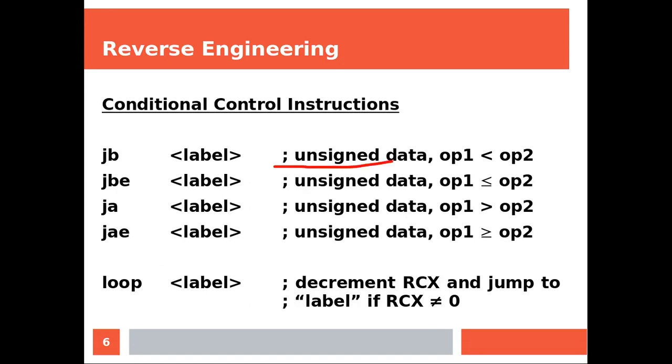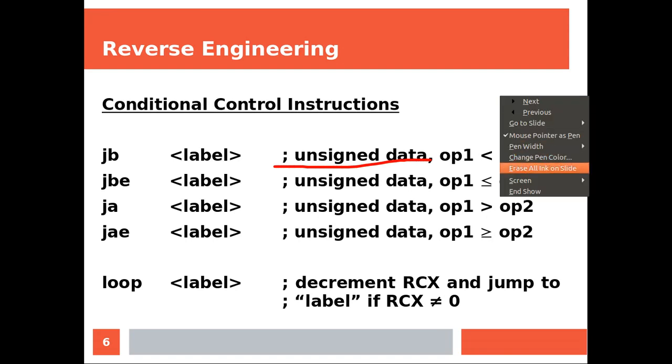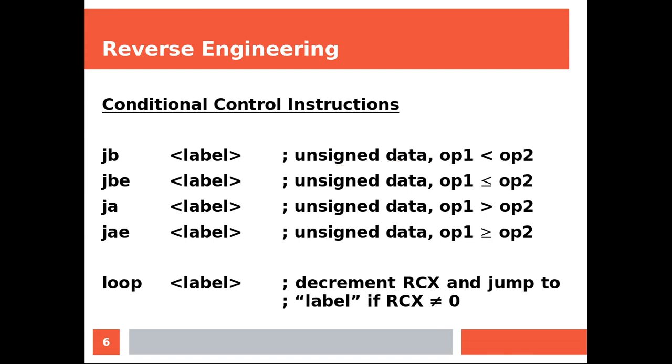As you can see, we have the unsigned ones. And also we have the dedicated instruction to do the loop. We're going to have a look at this one in our example. Basically it works using the RCX register and it jumps to the label if the register is other than 0.